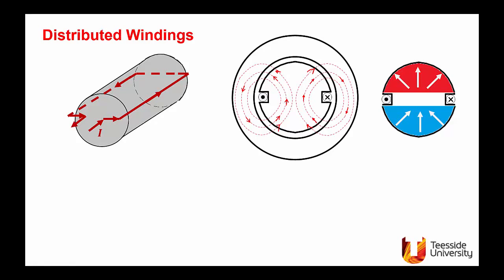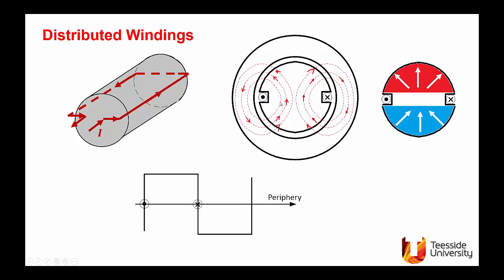The distribution of the magnetomotive force around the periphery of this structure will be as this. If you look somewhere here, there are no flux lines. Moving this way, clockwise, you will find the flux lines are going in one direction.